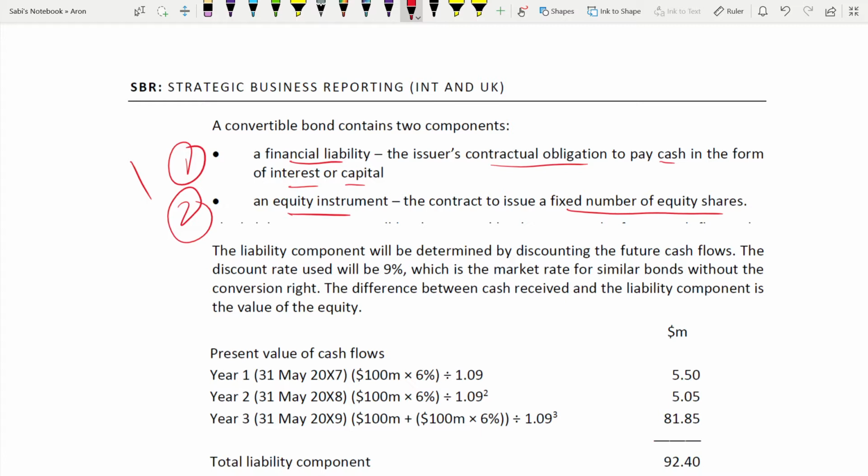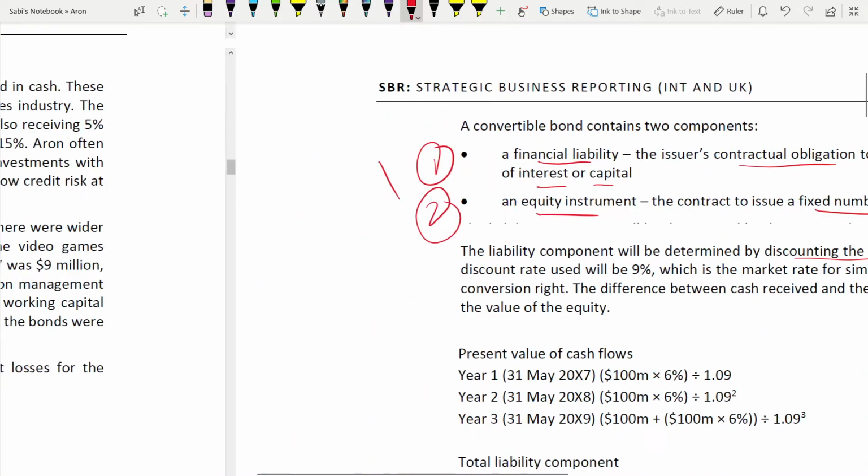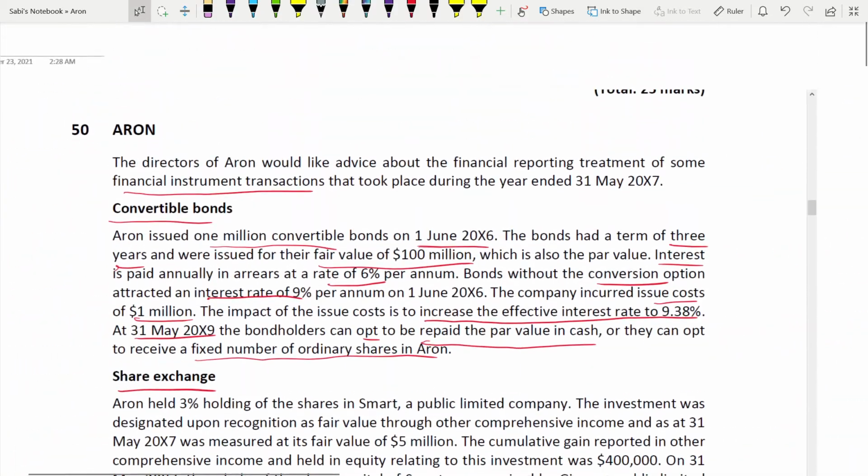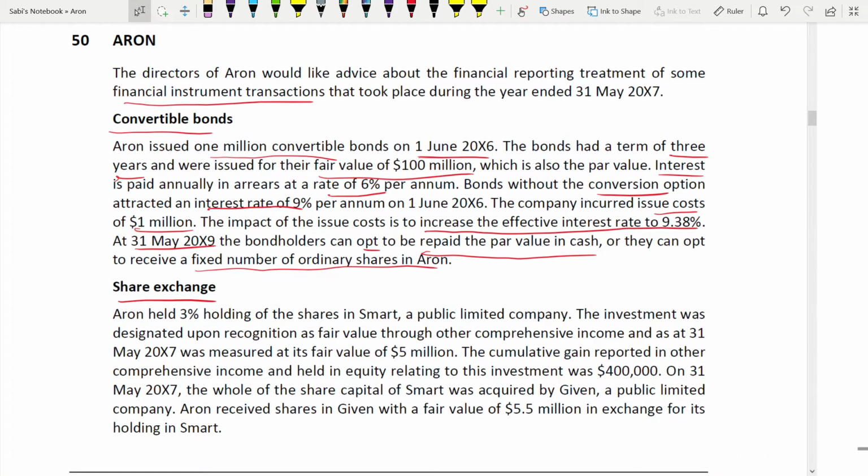Okay. So you discount the future cash flow. Which discount rate should you use, by the way? There are so many discount rates if you see here. One is 9.38%. Okay, this is the impact of issue cost. That comes after conversion, 9.38%. Don't touch it now. Whether it is 6% or 9%.